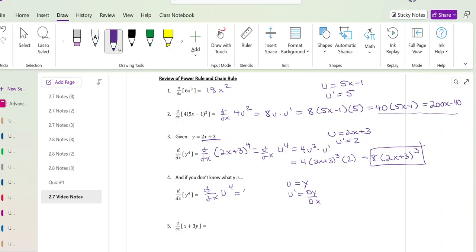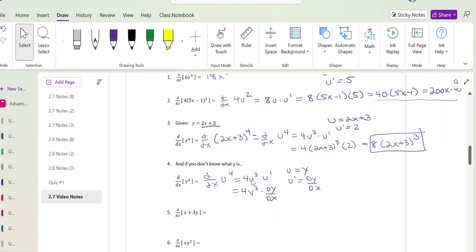So here, when you say it's 4u to the third times u prime, it would be 4y to the third times dy dx. So basically, if the variable does not match what you're differentiating with respect to, in this case, you're differentiating with respect to x, then you basically have to add the derivative of that variable, which in this case is dy dx. You multiply by that because it's the chain rule.